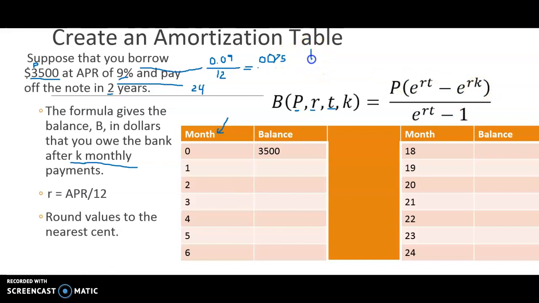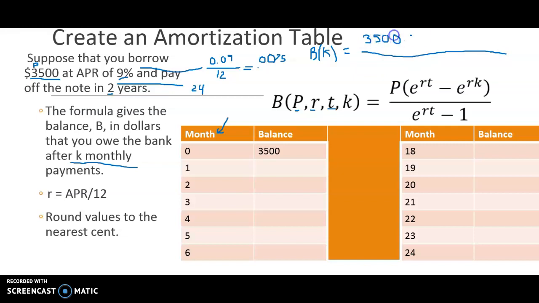So the balance of this loan based on K, how many payments I've made, is going to have the following formula. So this formula is a huge fraction, and the first thing that goes into the formula is the value of P, which is the 3,500 that we are borrowing.